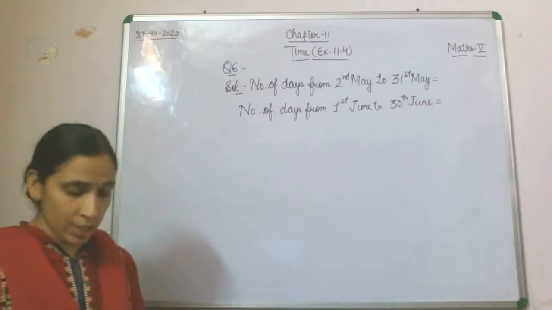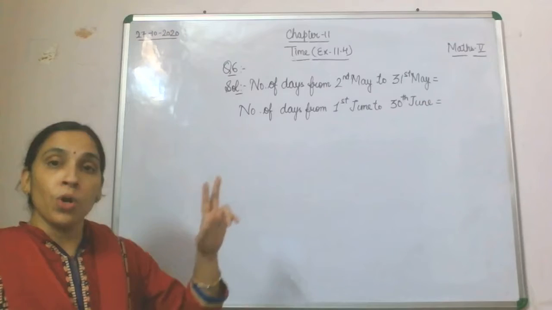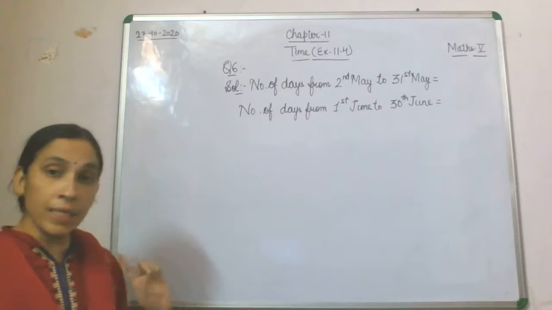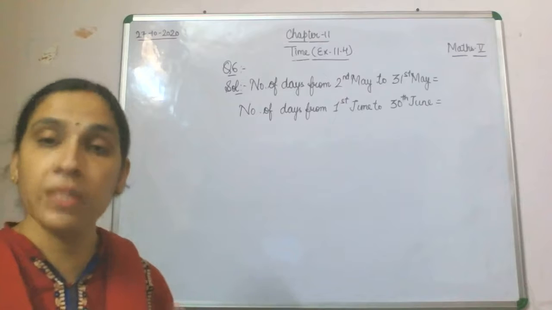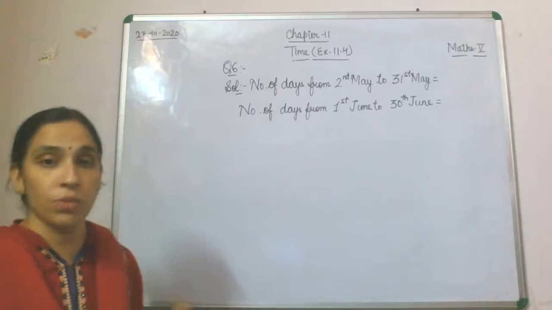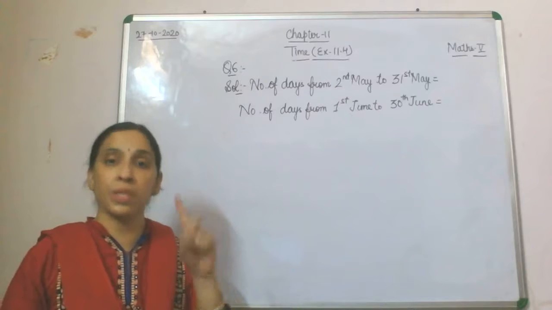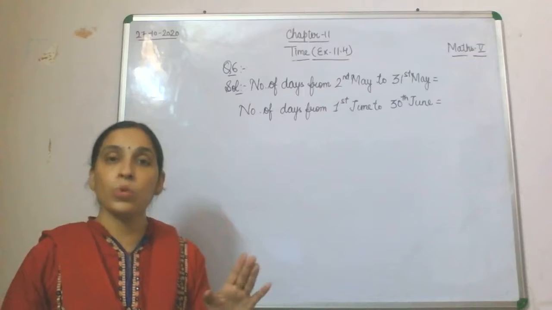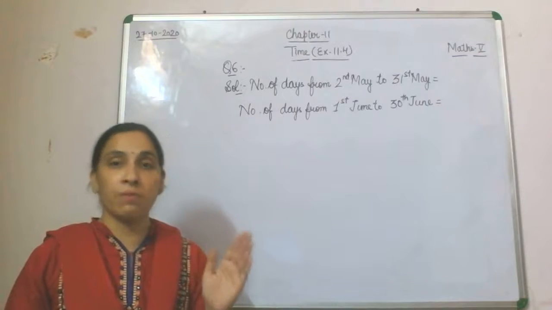Your holiday starts from 2nd of May and continues till 8th of July. It means the school reopens on 8th of July, so in the month of July also, days from 1st to 7th are included. The day the holiday begins will be included, but the day the holiday is over will be excluded.